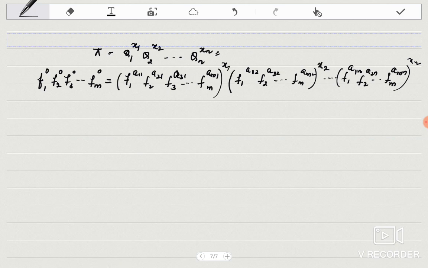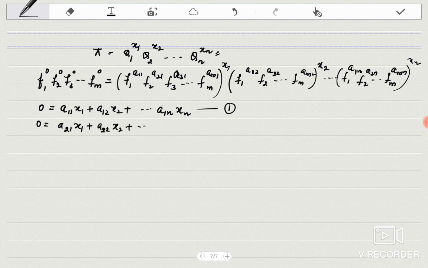Now comparing the two sides, here you will get 0 as the coefficient of power of f1. Here it is a11 x1, then a12 x2 and likewise a1n xn. Next a21 x1, a22 x2, a2n xn.